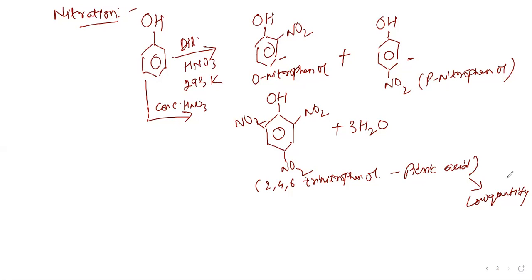So in order to get picric acid in good quantity and good yield, we adopt some indirect methods. In the indirect method, we first do sulphonation of phenol. Let's see it over here.